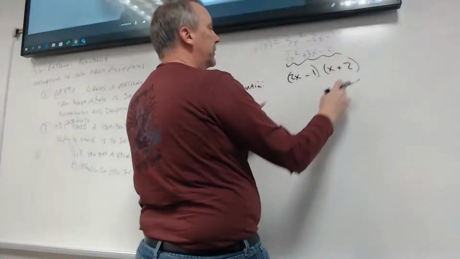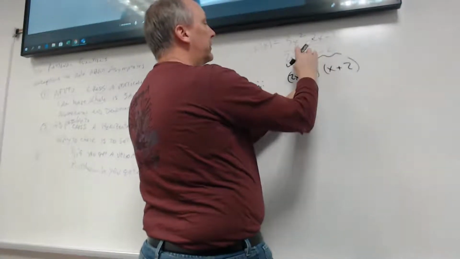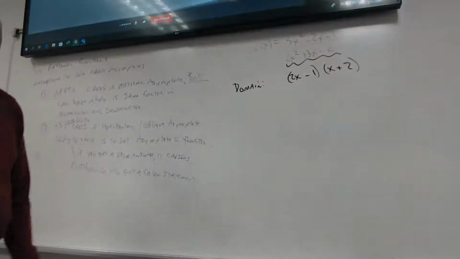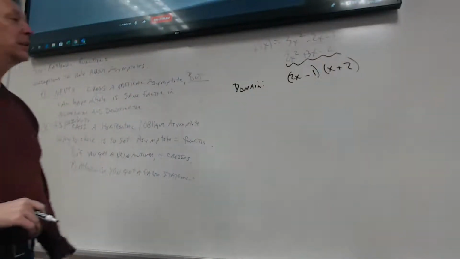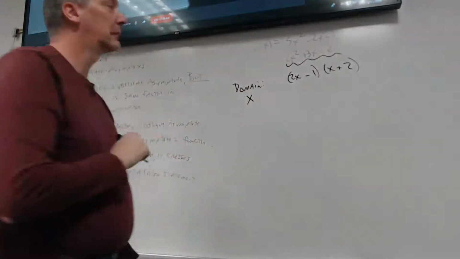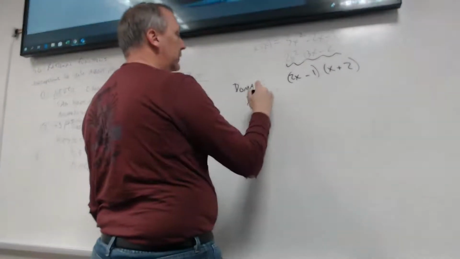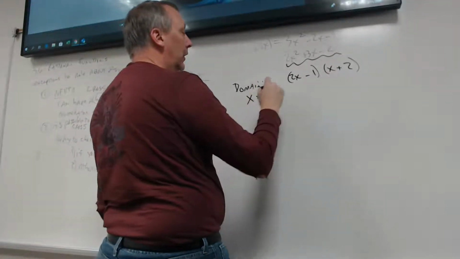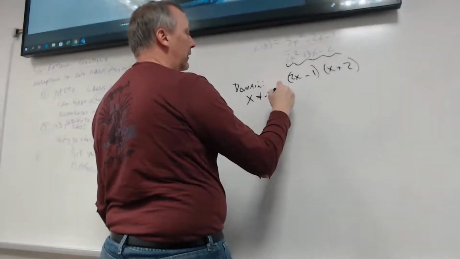Negative 1, positive 2. So that's positive 4 minus 1 is 3. Negative times a positive is a negative. That works, right? Okay? So your domain is what? x cannot equal negative 2, or 1/2.